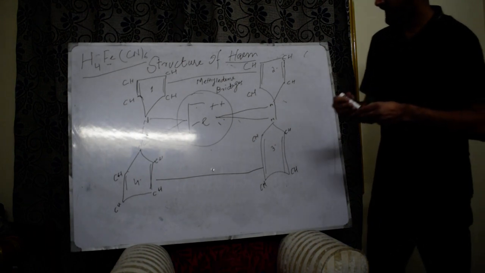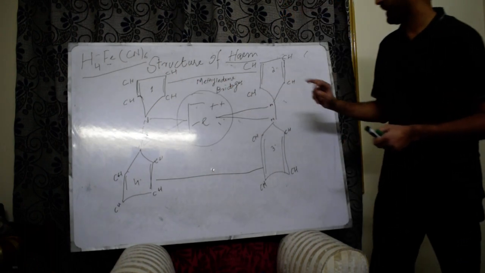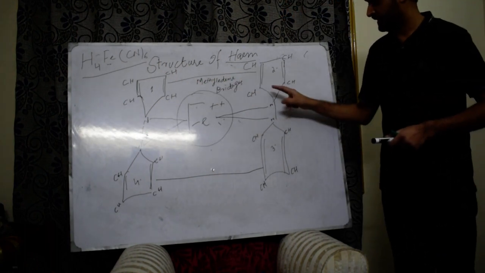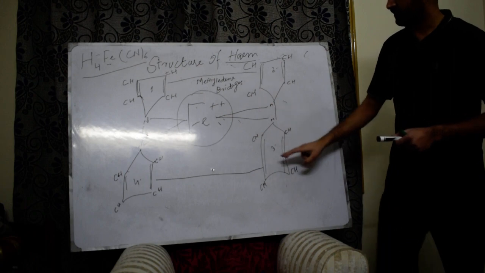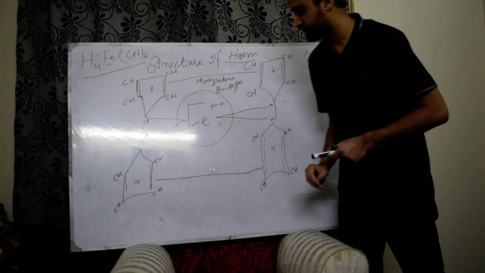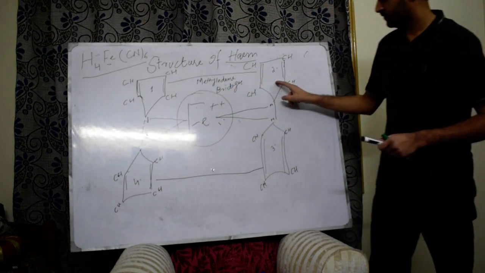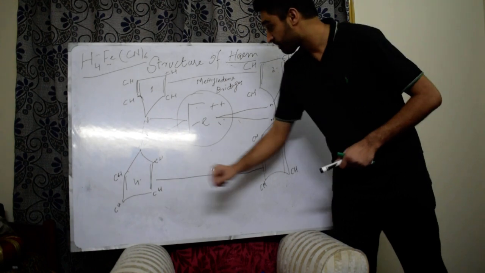To summarize again, there are 4 pyrrole rings. These 4 pyrrole rings are attached to one another with the help of four methylidine bridges. To separate these, we wrote 1, 2, 3 and 4.